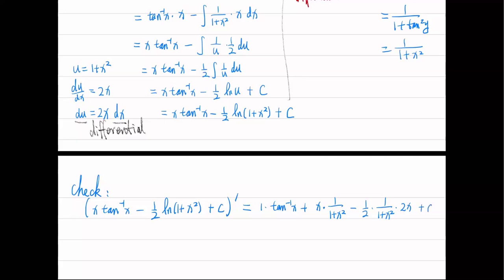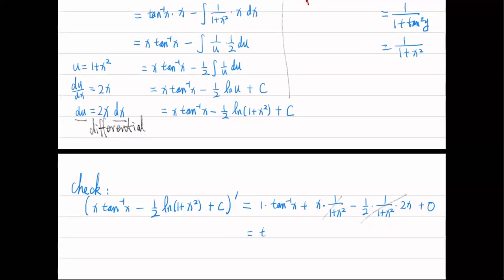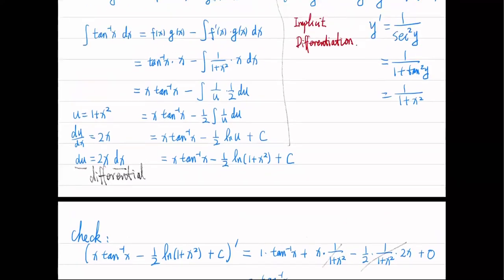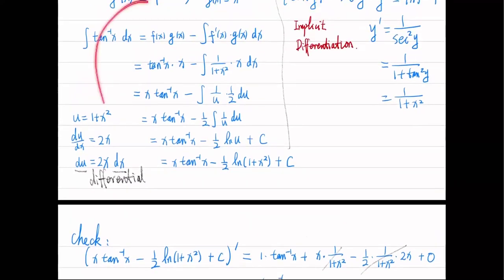And we can see they cancel each other. This one has 1 over 1 plus x squared, and 1/2 times 2x over 1 plus x squared times x. They are exactly the same. The derivative is what we started with. This confirms the computation over there is correct.